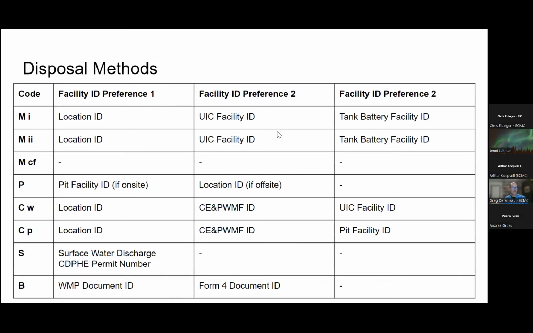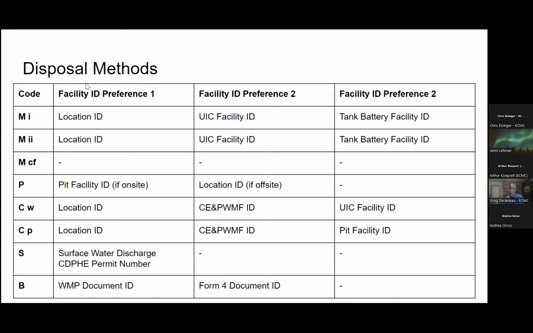So as I mentioned, the disposal methods is where we've made some changes. These are sort of ordered preferences for what facility ID we want entered into the database for the disposal locations.